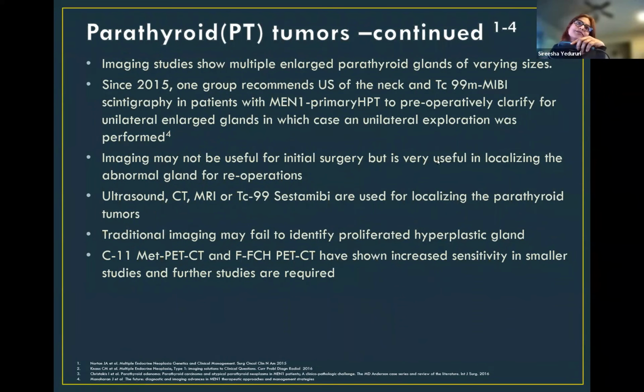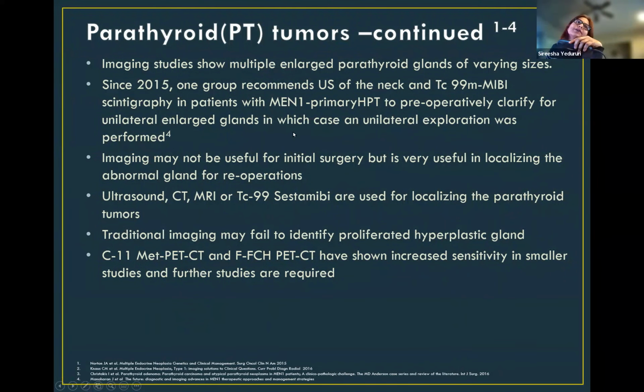And then imaging studies: all we can see is mostly multiple enlarged parathyroid glands of varying sizes. So some people do ultrasound of the neck, technetium 99 MIBI scintigraphy also is done, particularly in patients going for surgery.